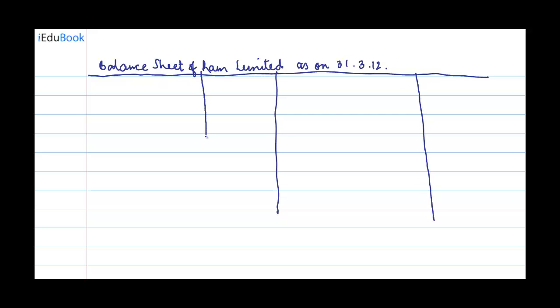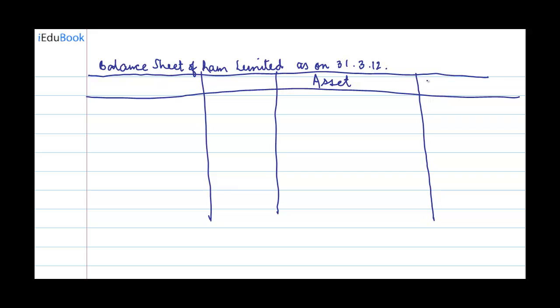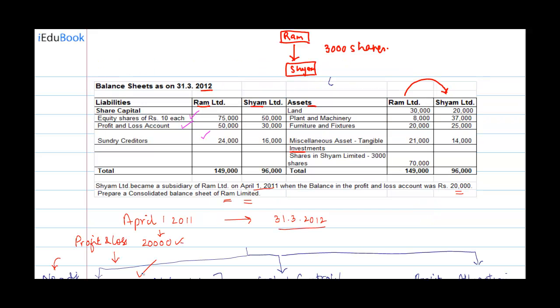This is the amount column: assets, amount, liabilities, amount.